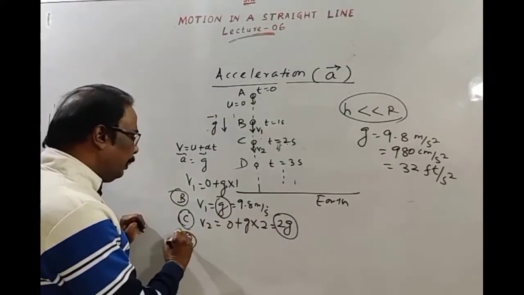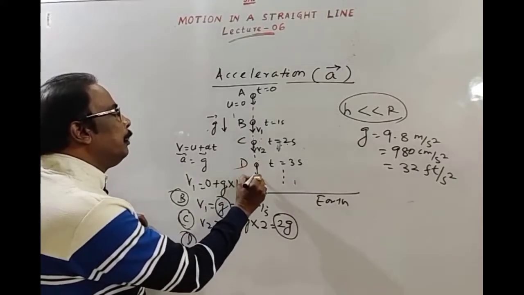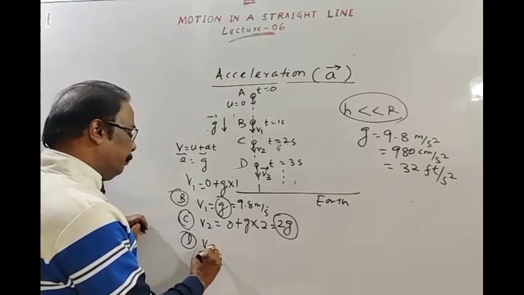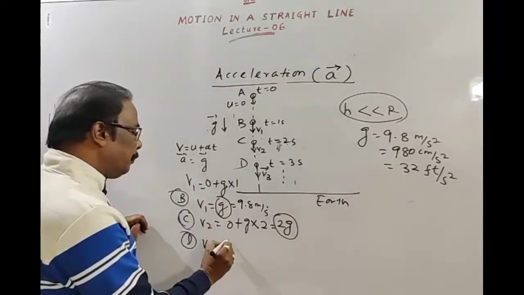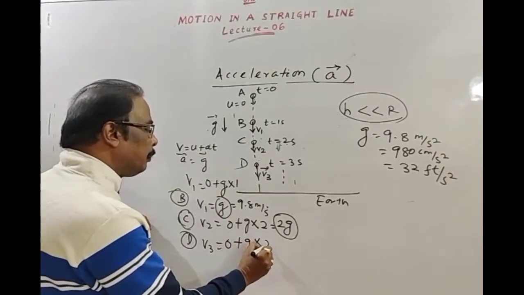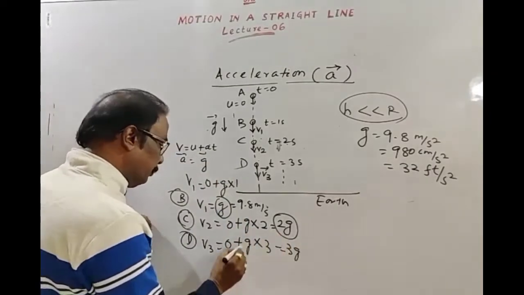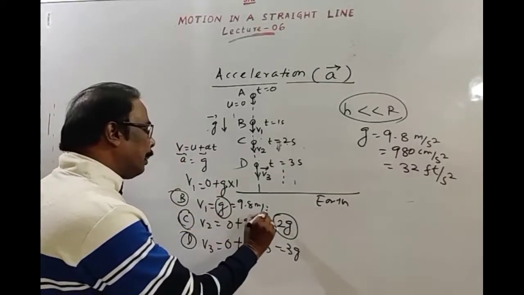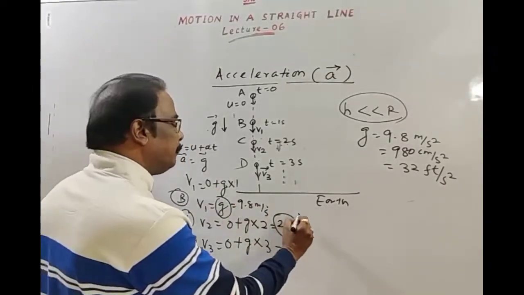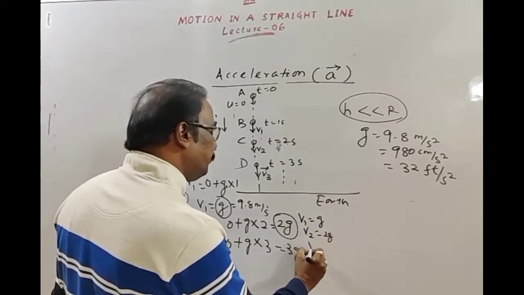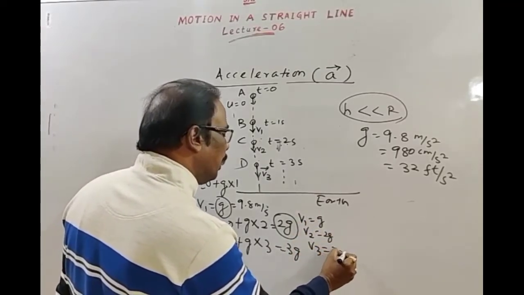Similarly, when the body reaches D, let its velocity be v3. Then v3 = 0 + g times 3 = 3g. See students, in a very easy way we can calculate velocity: v1 = g, v2 = 2g, v3 = 3g, and so on.